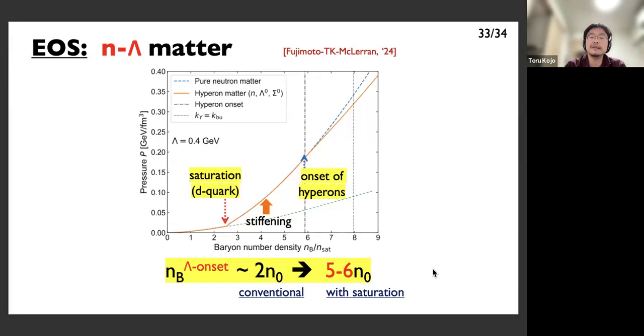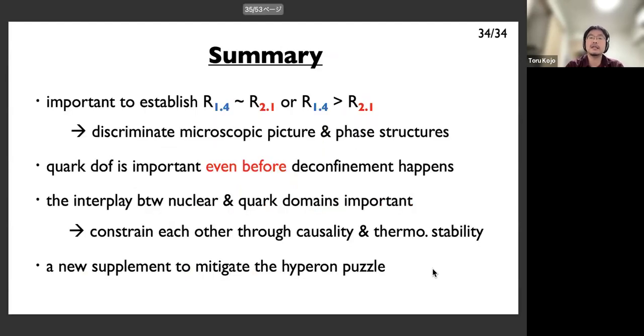Of course, realistically, this discussion should be combined with more realistic modeling based on the empirical YN forces, but the discussion based on quarks should be implemented to finalize the conclusion. So that's our statement.